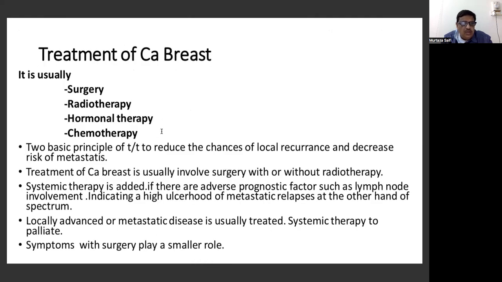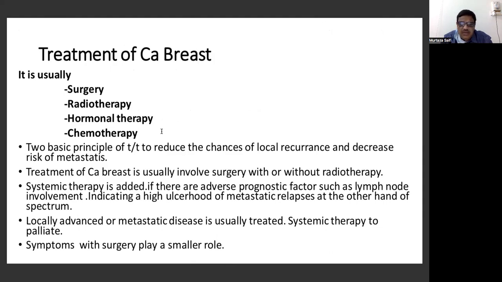Treatment is usually surgery, radiotherapy, hormonal therapy, chemotherapy. The two basic principles of treatment are to reduce the chances of local recurrence and decrease the risk of metastasis. So we plan that there should not be recurrence and we want to cure the person. Treatment of carcinoma breast usually involves surgery with or without radiotherapy.